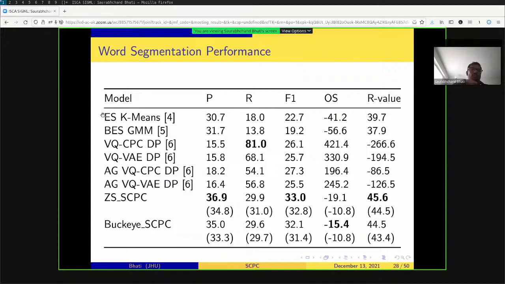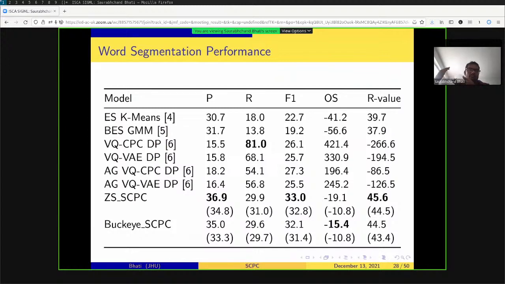If you look at the top two, ES-KMeans and BES-GMM, these are non-neural state-of-the-art methods for word segmentation, and SCPC outperforms both of them by a better margin than with the phone segmentation algorithms. The next four try to do word segmentation using dynamic programming on top of features generated from CPC. That's a neural method, but we are significantly outperforming the other existing neural methods.